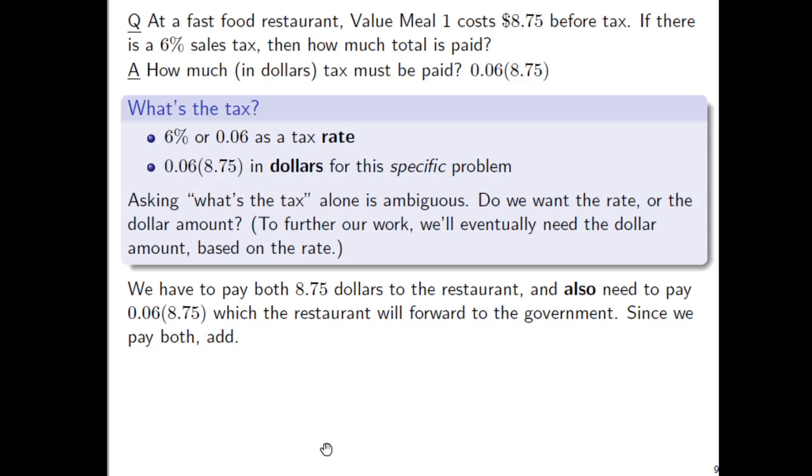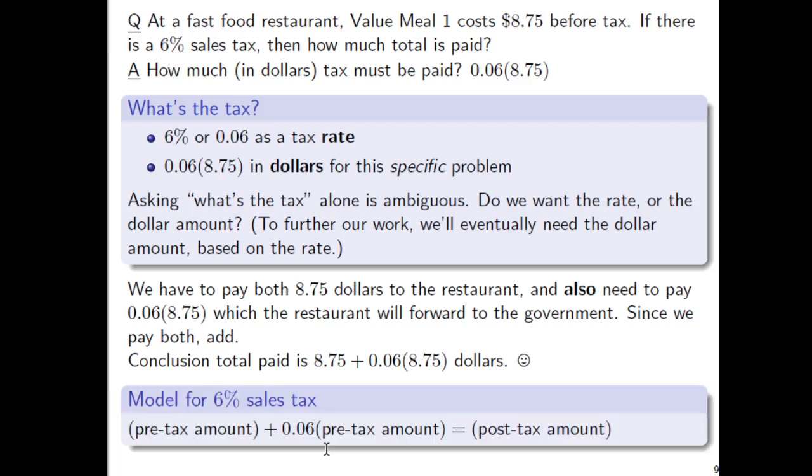Since that's tax. We have to pay both, therefore we add, right? So the conclusion is that the total paid is $8.75 plus we pay this additional thing called tax, and that in dollar amount is 0.06 times 8.75. So here's the point. This is the model for 6% sales tax. There's the pre-tax amount, which is added to 0.06 times the pre-tax amount equals the post-tax amount. Post-tax amount being the total amount paid.